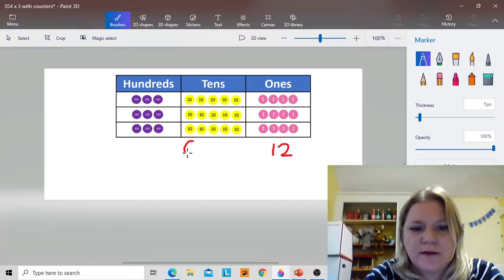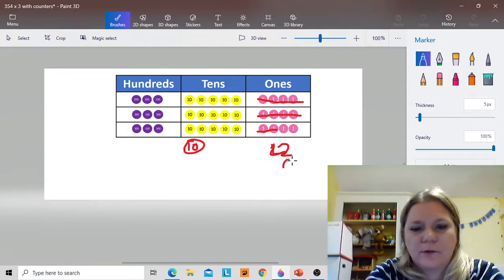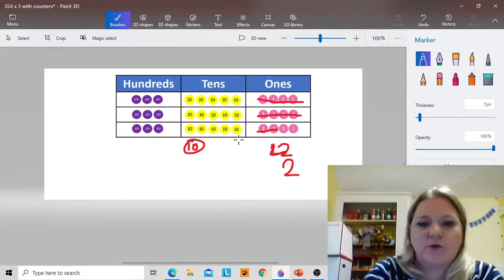So I'm going to put another 10 in here, and we can get rid of 10 of these ones. So now we've just got 2 ones left. Now, let's write that 2 a bit better. There we go. Now, let's find out how many 10s we've got altogether.